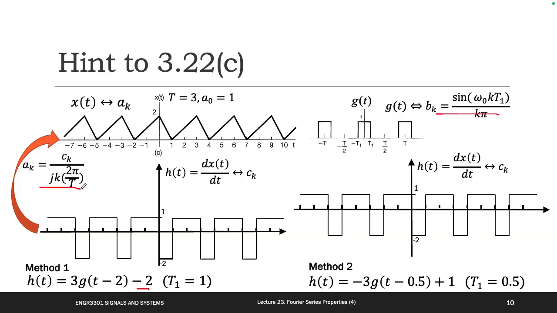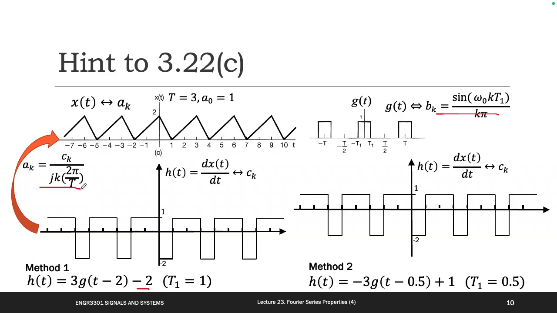Your HT should equal a right shift of 0.5, and then multiply by -3 because it's flipped, right? And then you need to go up 1 unit, right? If you want HT, then you have this equation, right? And for this one, it's also easy to get based on the shifting property. And after you get the CK, you can use it to get BK. That makes sense to you?